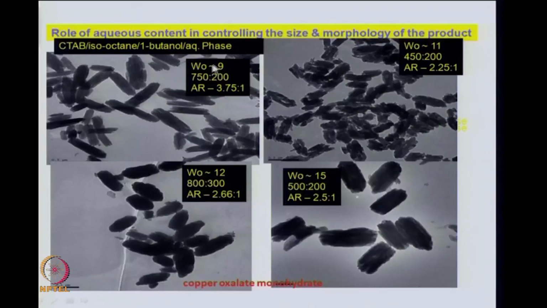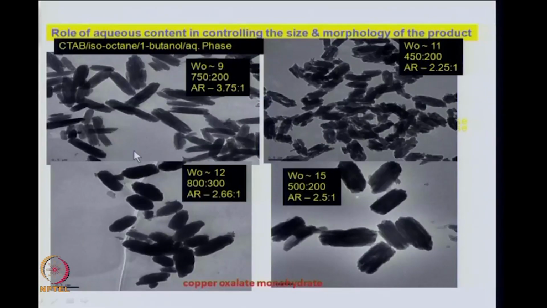Only thing which is changed is the W naught parameter. So, the W naught parameter here, which is the water to surfactant ratio, is 9, and here it is 11, and then here it is 12 and 15. And so, the W naught parameter is changing and the shape of these rods are changing, and this is an example of copper oxalate monohydrate.